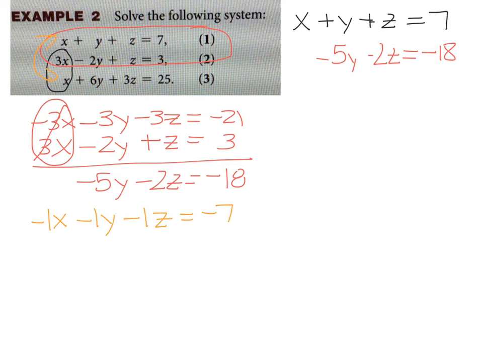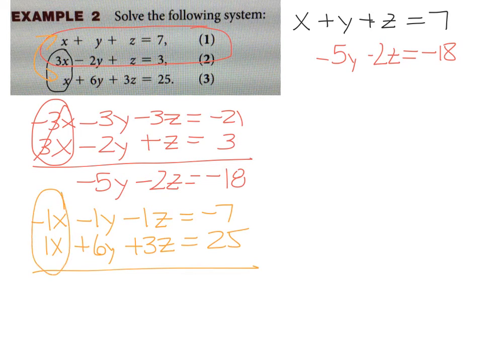Equation 3 does not need to be multiplied, so I have 1x plus 6y plus 3z equals 25. I'm going to add these two equations together, which will eliminate my x's and leave me with 5y plus 2z equals 18. That's my new row 3.